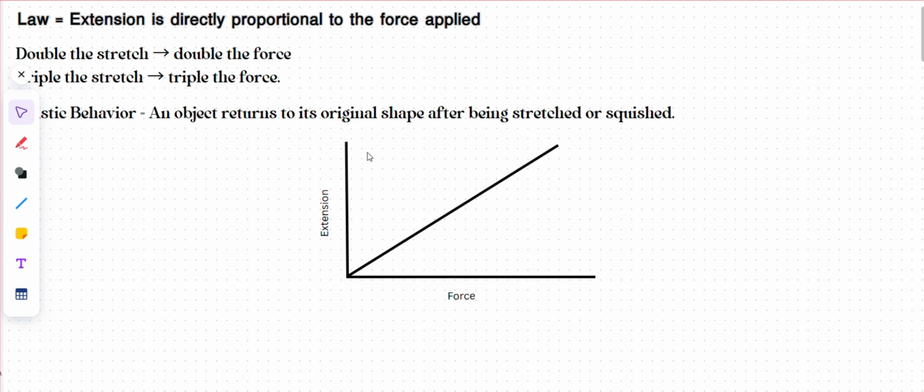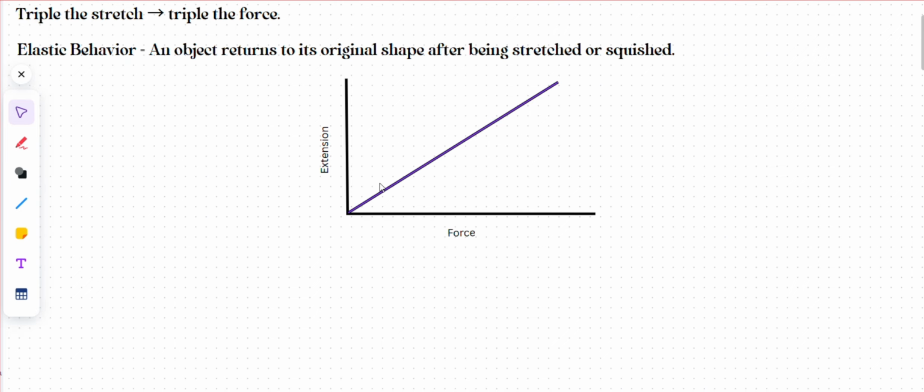And secondly, they might draw the graph for you, but they will tell you to define the graph for 2 marks. And what do I mean by define? As you can see from the graph, the line is straight and it's coming from the origin. So in order to gain 2 marks, you will have to write number 1, the relationship is linear, and linear means straight.